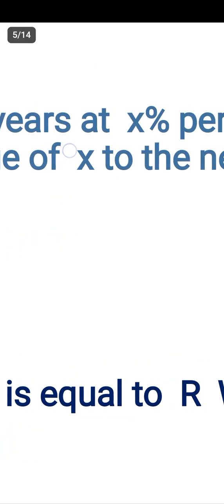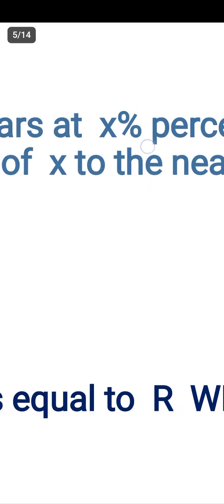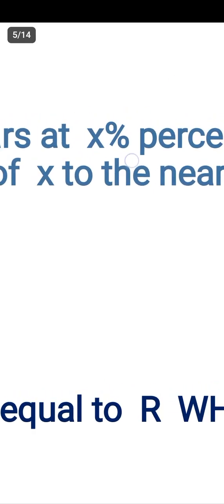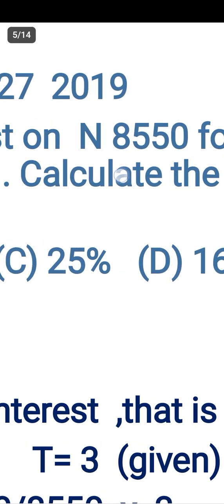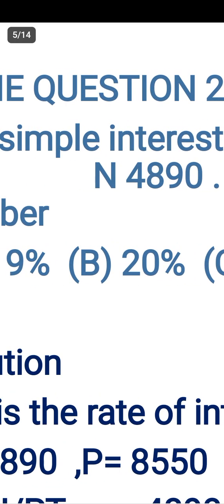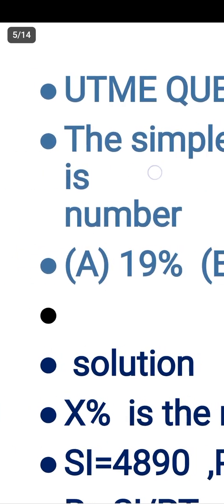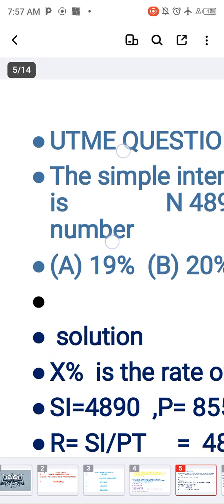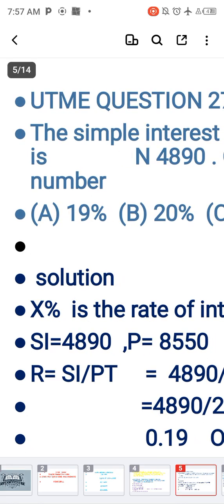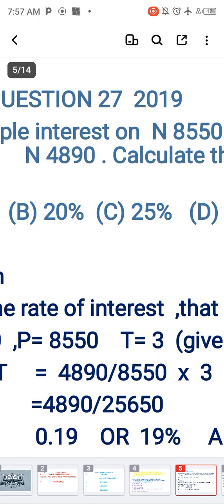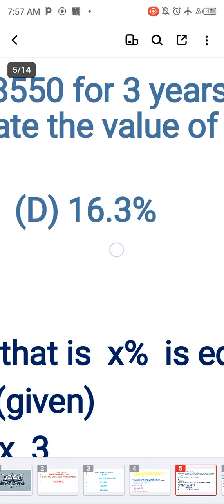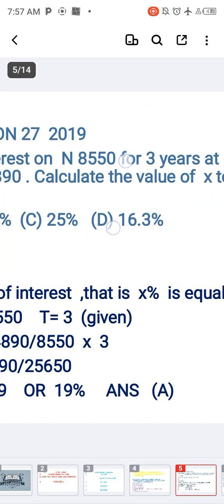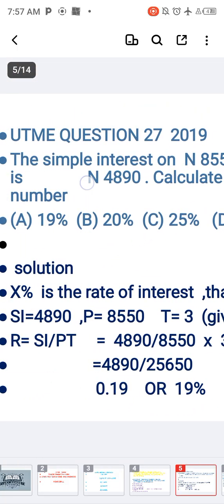In this question, the only thing that is not given is the rate of interest, which is represented as X%. Now, what is the formula for finding the rate? Before we find the rate, there are some options here. We have 19%, we have 20%, we have 25%, we have 16.3%.